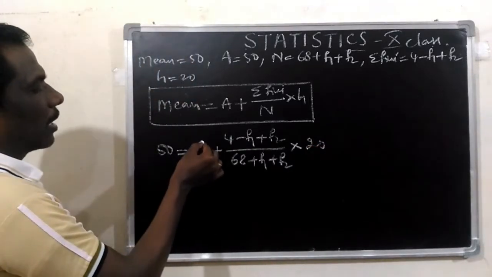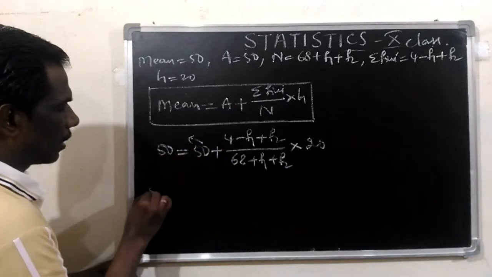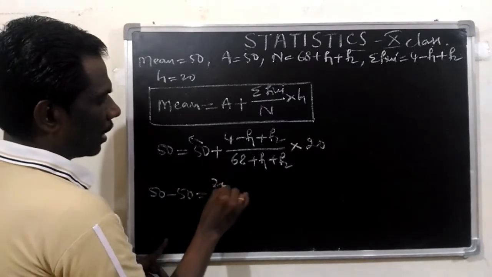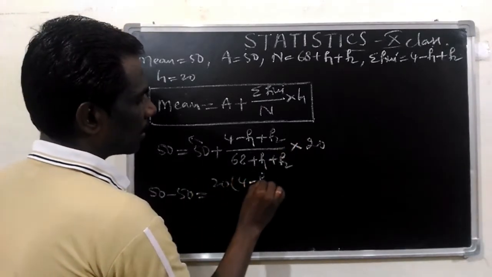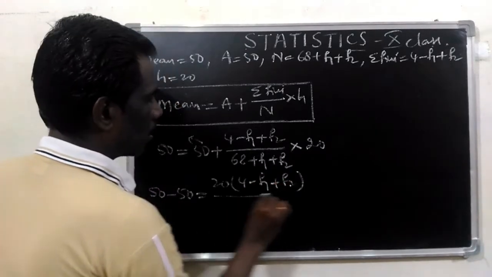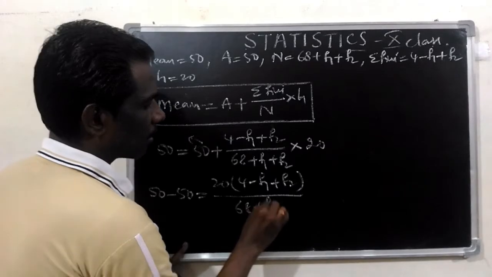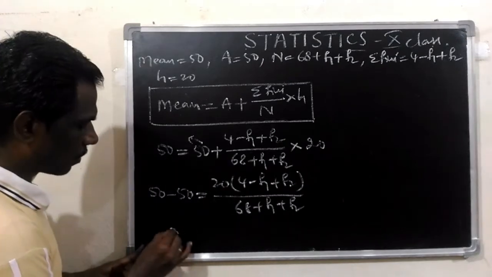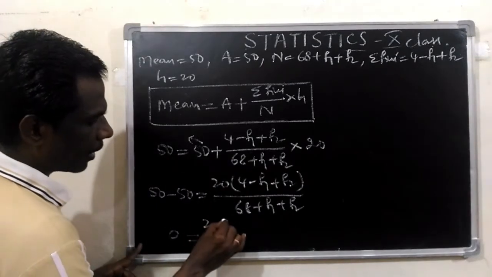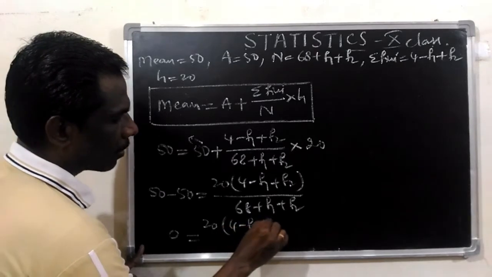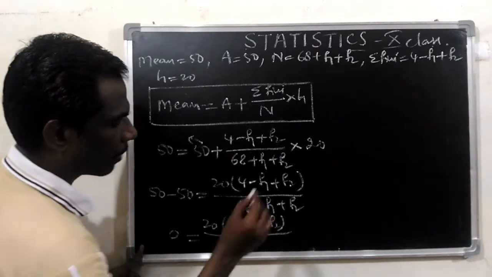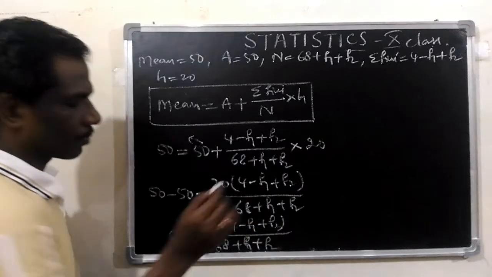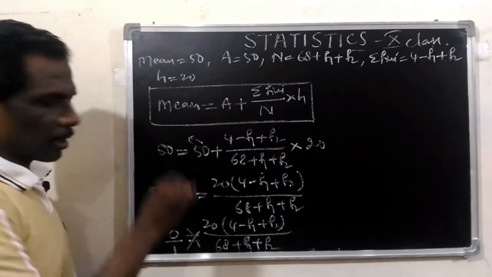Now I am transferring this 50 to the left side, and that will be 50 minus 50, which is 0, equal to 20 into 4 minus f1 plus f2 divided by 68 plus f1 plus f2. We can write it over 1 and do cross multiplication.